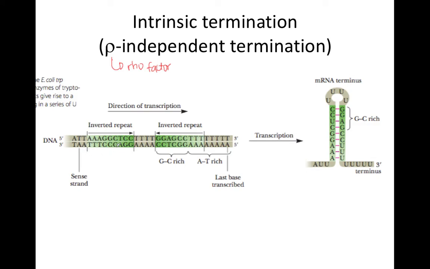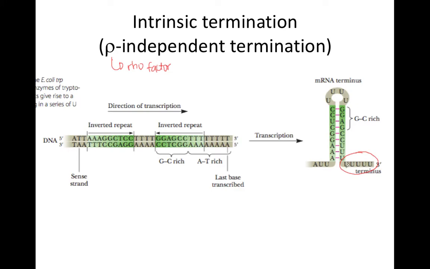So, in this case, you have your DNA and they have regions that are complementary to each other. So, because they are complementary, if you synthesize an mRNA, which is single-stranded, the effect is that that mRNA forms a hairpin loop. Once it forms a hairpin loop, it also has a region that is rich with uracil.